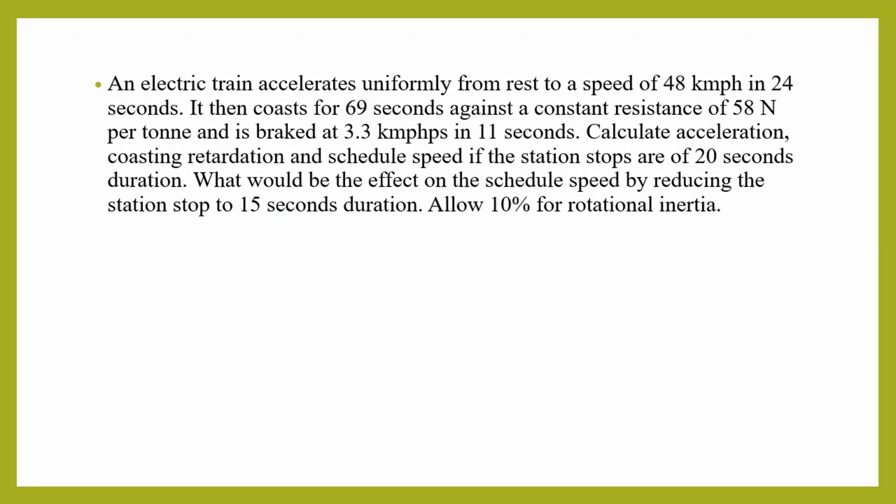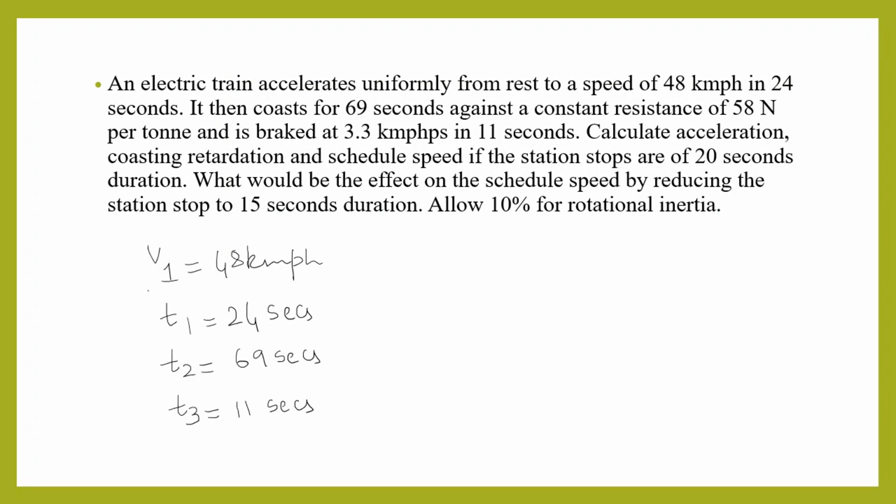We have the data given. V1 is equal to 48 km per hour. T1 equal to 24 seconds. T2 equal to 69 seconds. T3 equal to 11 seconds. Beta equal to 3.3 km per hour per second.